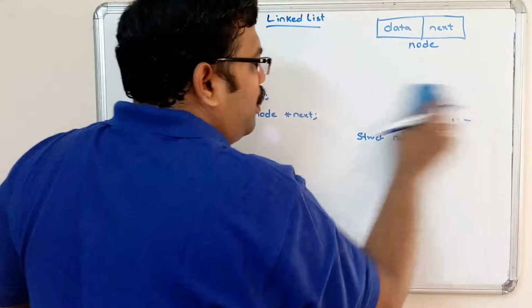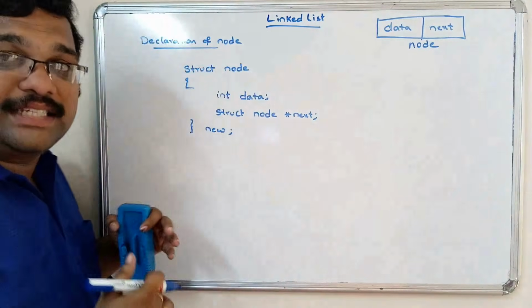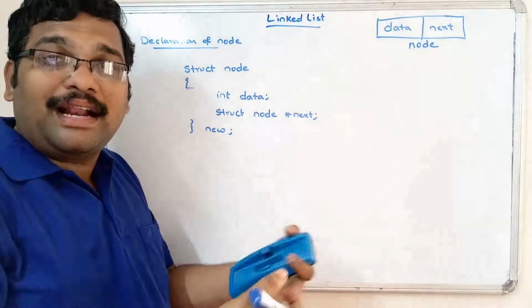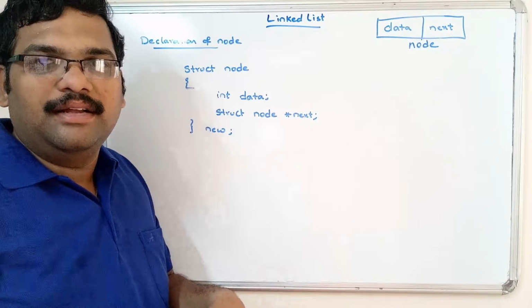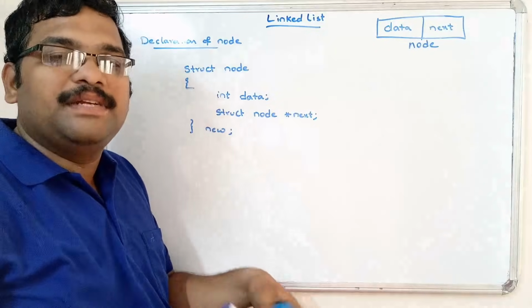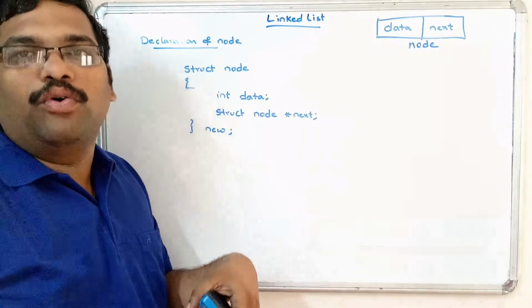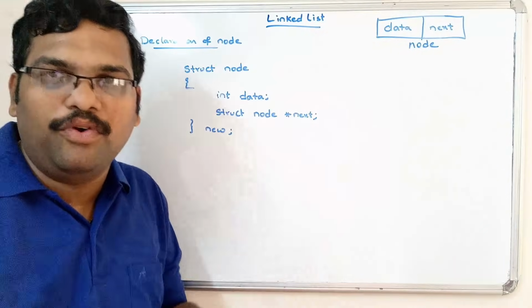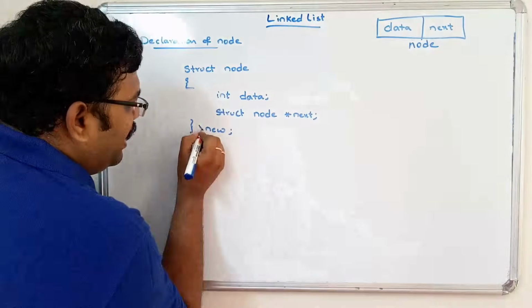So this is called a self-referential structure. The name itself indicates it. Reference means the pointer, self means it represents the same node, which is a part of the same node, right?